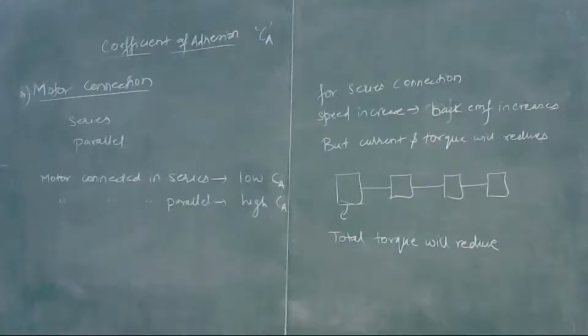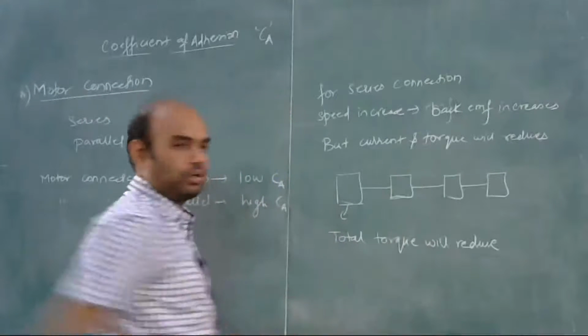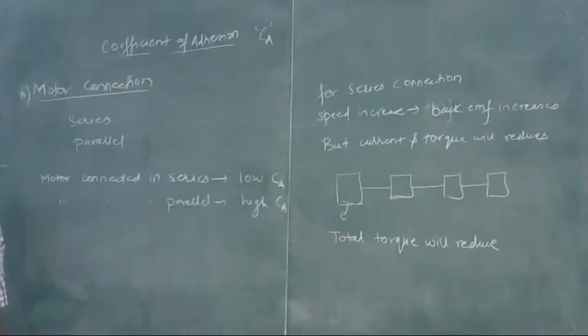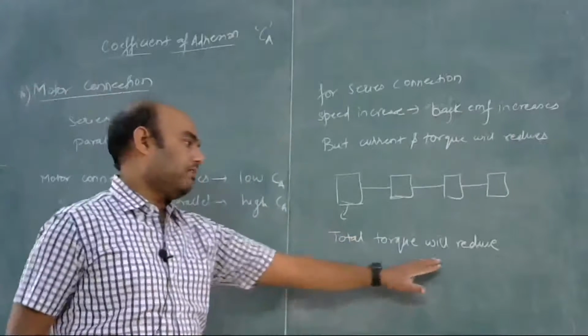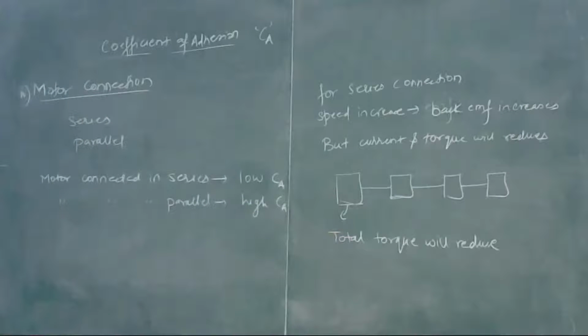The motor corresponding to a wheel which is not slipping also gets reduced; the torque of this motor is also reduced. So the total torque available will reduce, and this will lead to low CA. Okay, and all the motors will get affected.